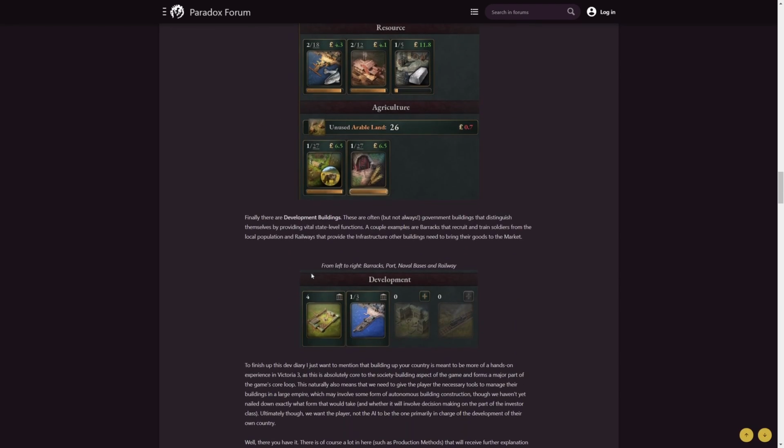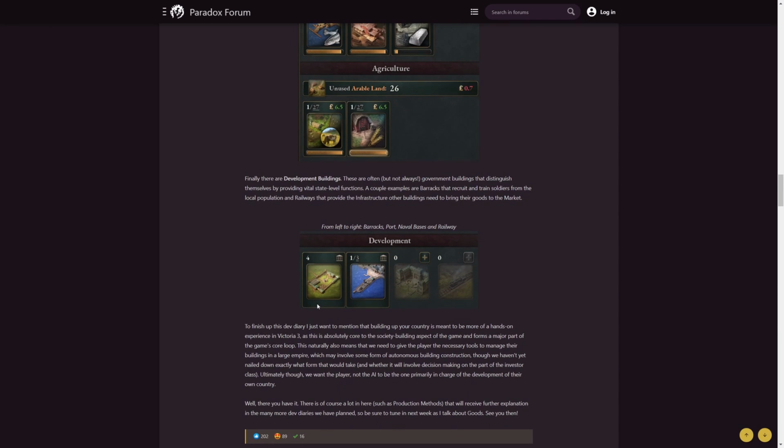And let's talk about the 4 development buildings. They are forts, ports and naval bases, barracks, and railroads. And yeah, they're pretty self-explanatory. Forts basically help you defend your lands because they make it harder for people to siege them down.